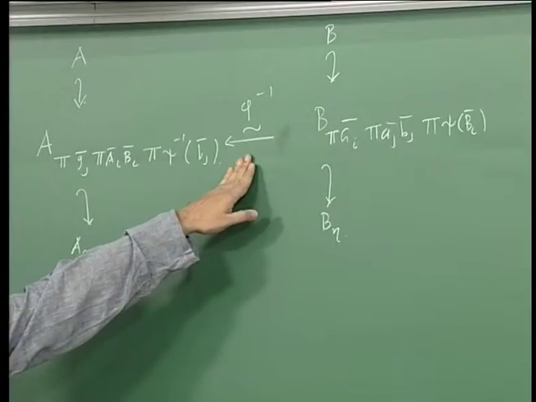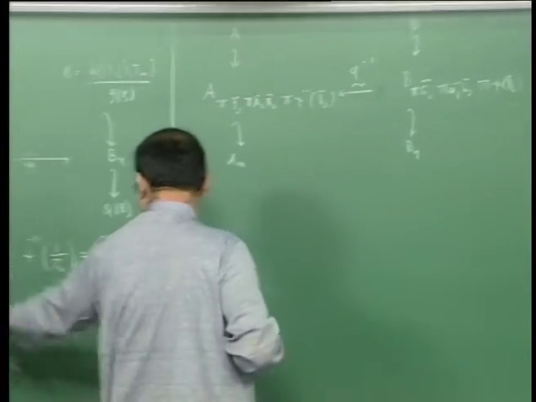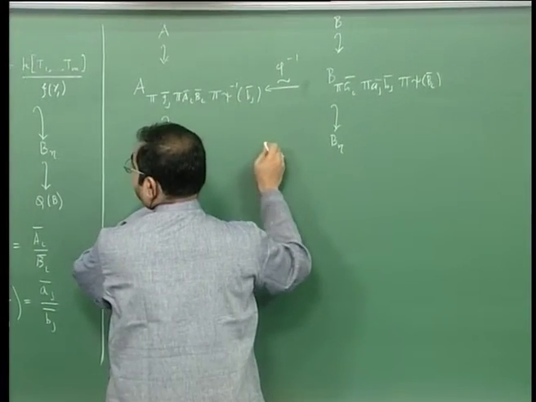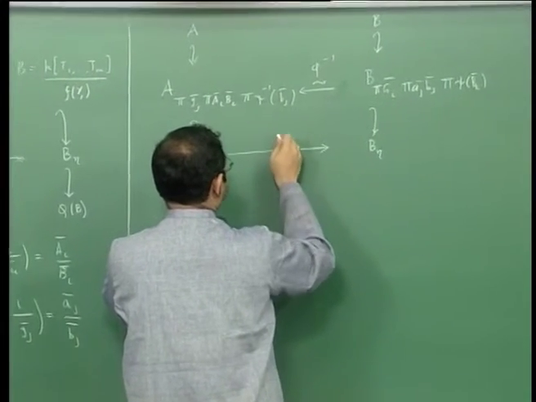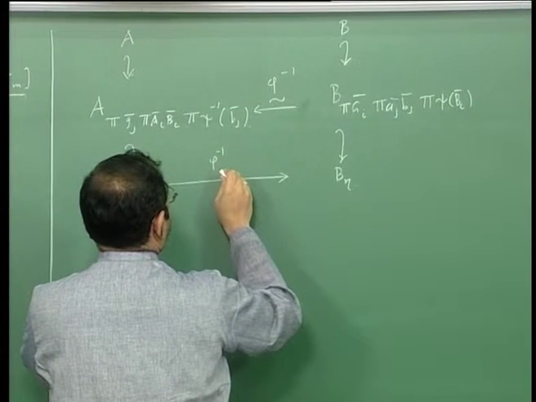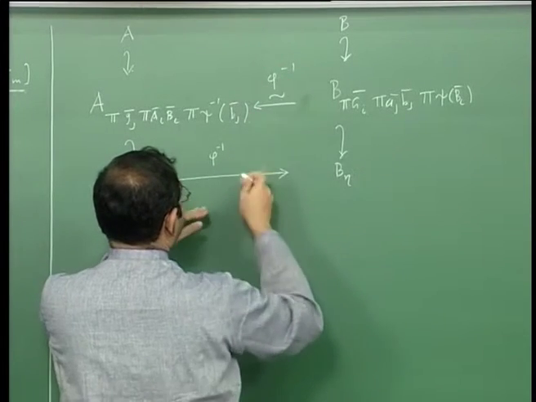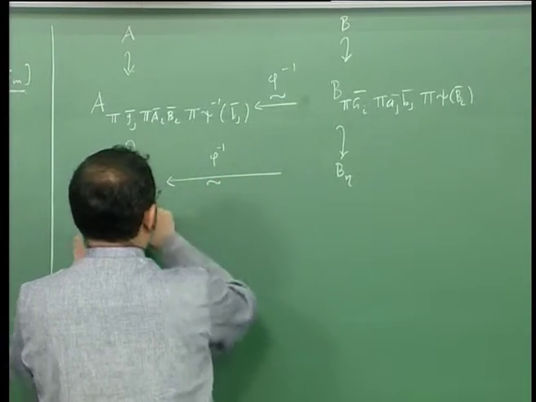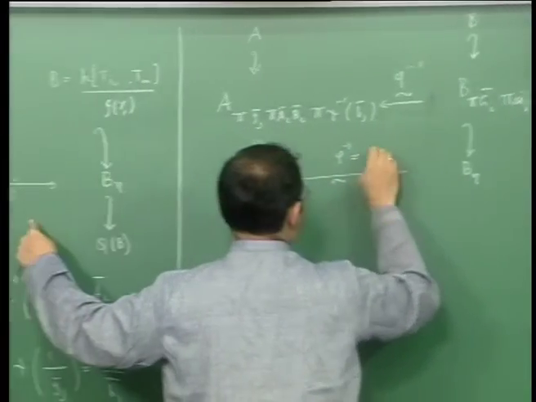Phi inverse will just come because of the universal property of localization and the way in which these are defined, and what this phi inverse will do is that it will also induce an isomorphism here, okay, and this isomorphism will be the same as the isomorphism psi you started with.